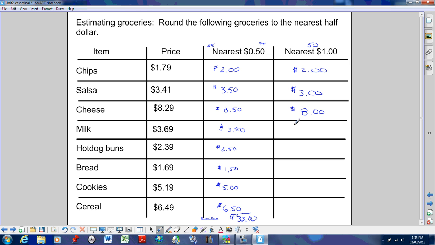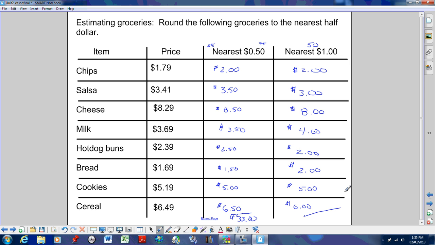So now we don't even have to worry about the half dollar or the 50 cents. So $3.69 is going to go to $4. The $2.39 is going to go back to $2. $1.69 will round up to $2. And the $5.19 will be $5. And finally, $6.49 would go back to $6.